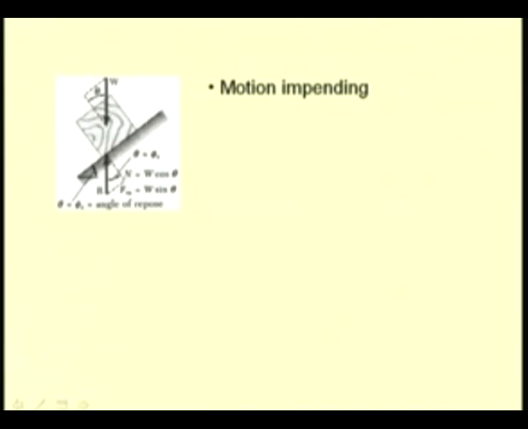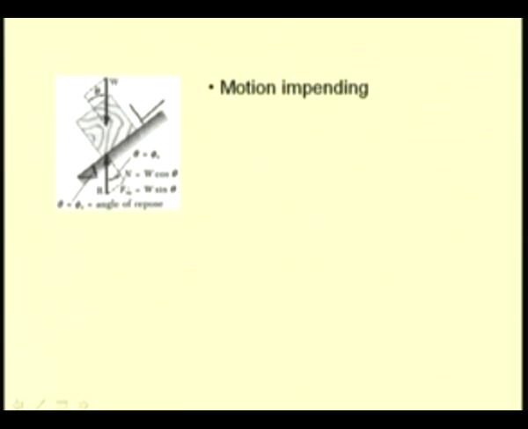Here we see a block in an inclined plane. So, if we take these as our coordinates, then the component of this weight along this plane tends to move this object in the downward direction. So, a frictional force develops which acts against this force, which is this Fm.